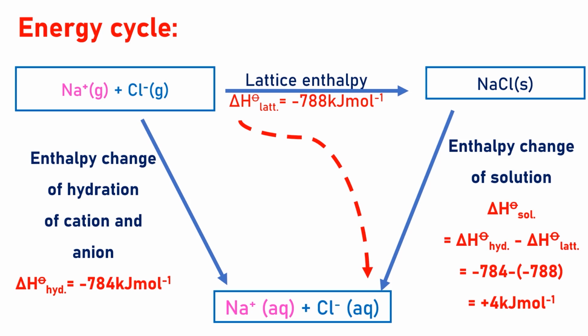This means delta H solution is equal to minus 784 kilojoules per mole for the delta H hydration, minus the minus 788 kilojoules per mole for the lattice enthalpy, which equals 4 kilojoules per mole.